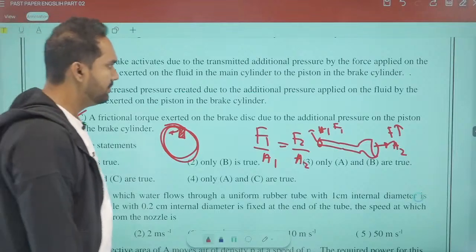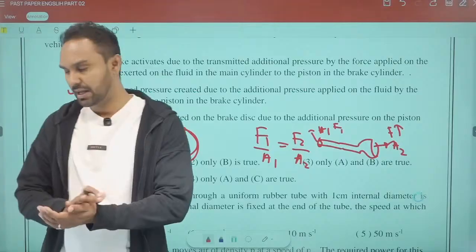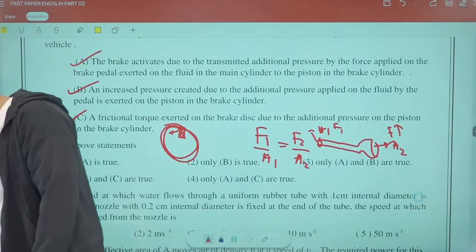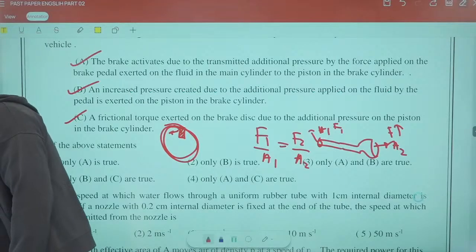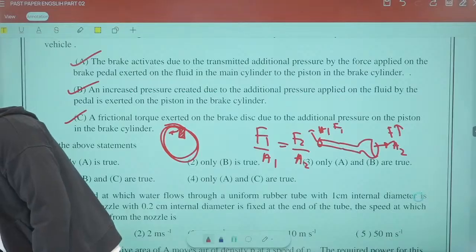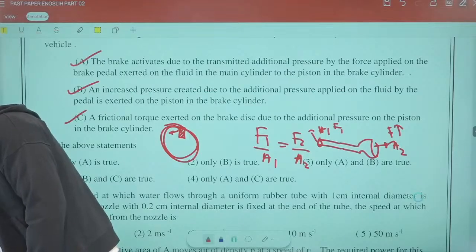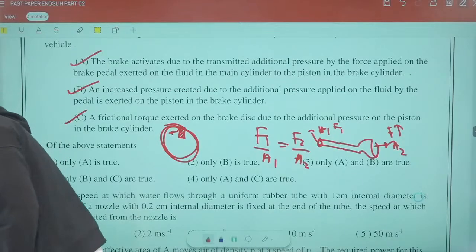So there's no additional pressure because it's an additional force or an increased force applying on the disc, because now if you think about this, pressure is so far the same, right? Pressure is so far the same, but the force is increasing, right? Just hold on for a second, we'll check that answer.